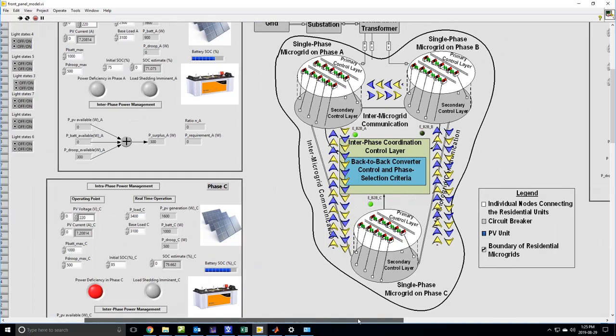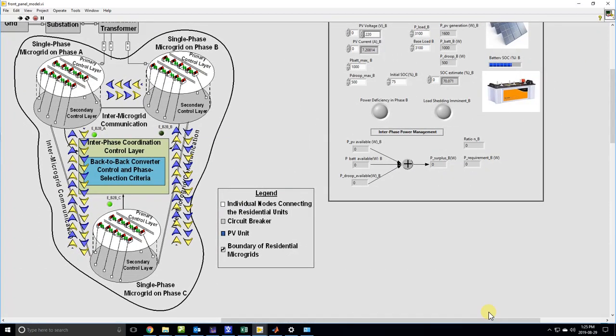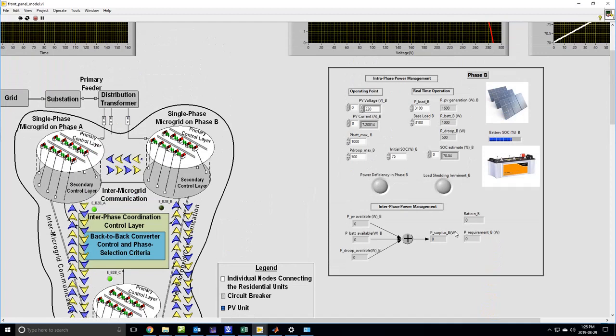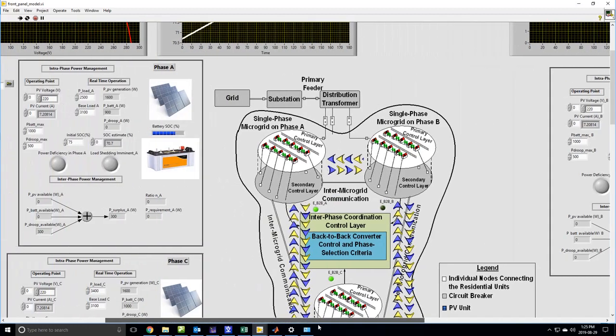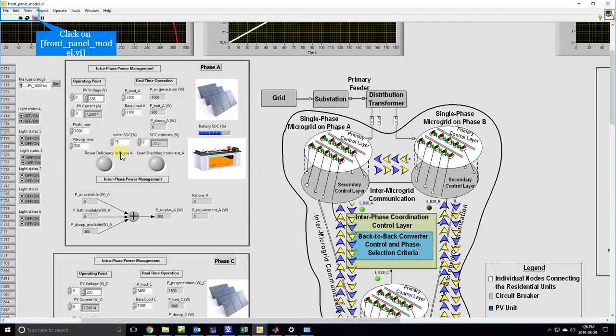Since in phase B the load is exactly matched with the base load, there is no power deficiency in phase B, no load shedding in phase B, and also no requirement for interface power management. Hence this validates our second case where one of the phases has surplus power while another phase has power deficiency.